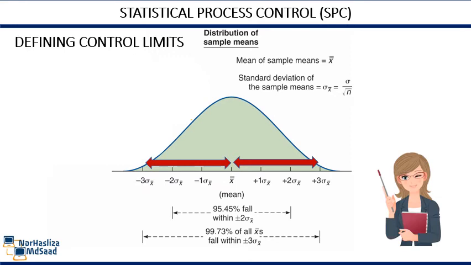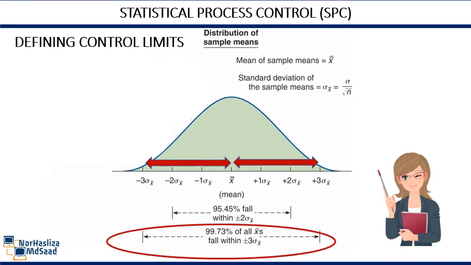That means we capture 99.73% of the area of natural variation in the process. So if something falls outside of those limits, we are pretty sure it is due to an assignable cause.